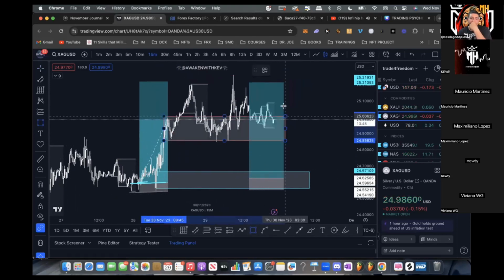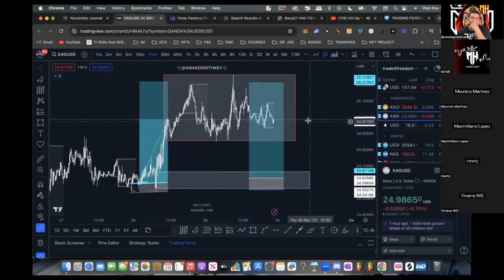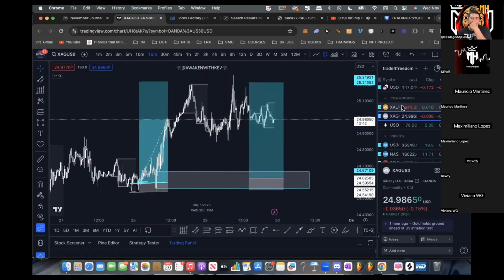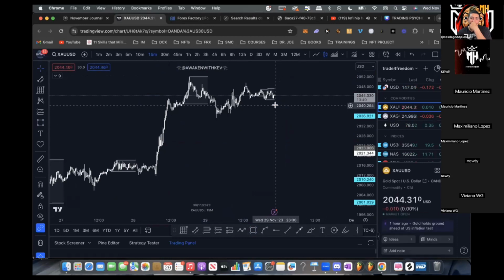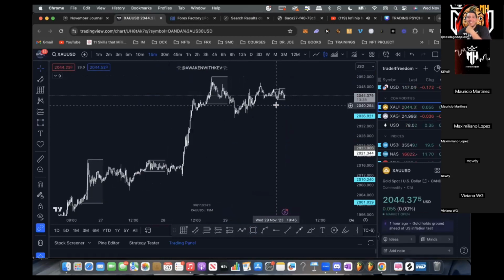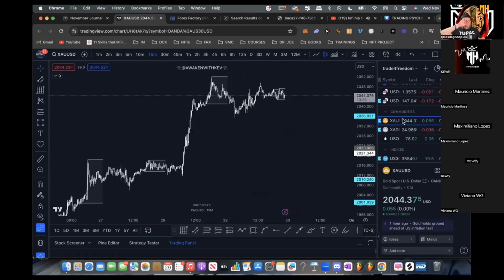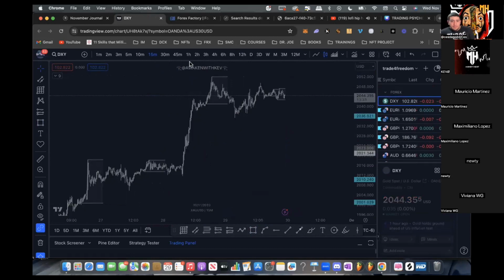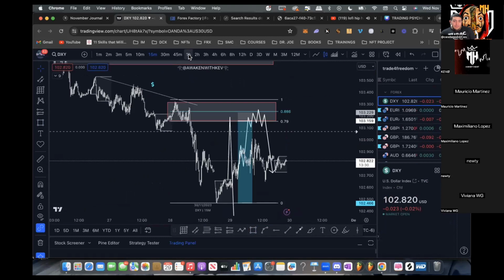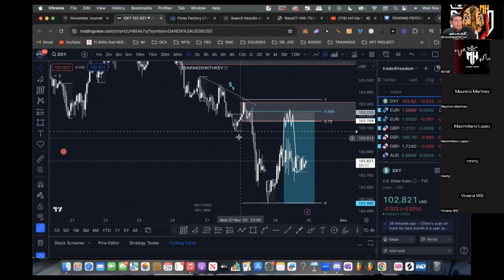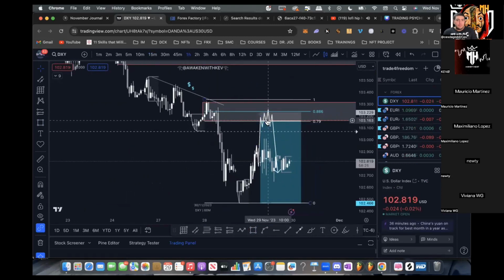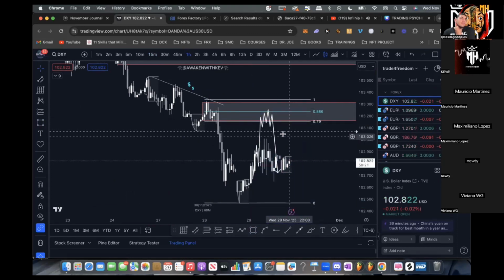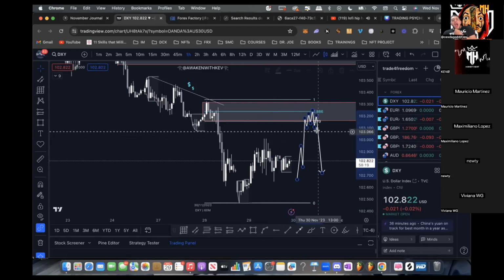I mean, you could maybe try to short this down to here if you wanted to. But I think shorting metals is a little riskier right now. At DXY, we could still maybe work our way up into this 1 hour or 4 hour OB.